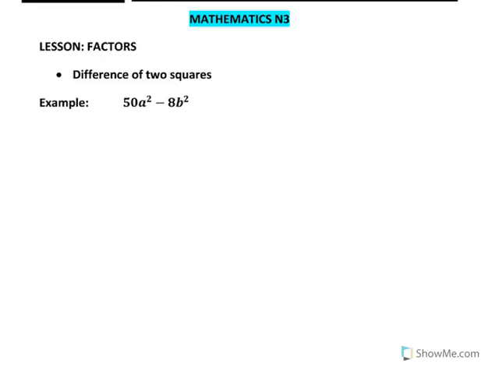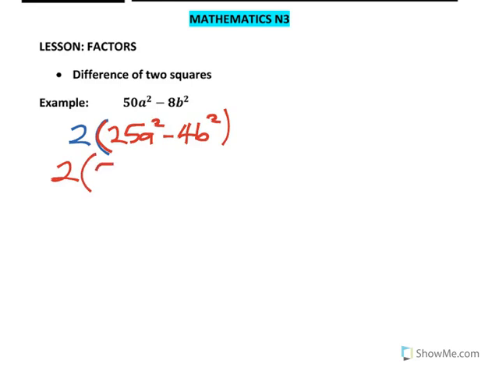Now let us look at this difference of two squares here that is hidden. The hidden part in this difference of two squares is, yes, we have got a squared and minus b squared. But look at it, 50 and 8, there is nothing common, but there is. If you take out a 2, you can start to see now that if you take out a 2, you remain with 25a squared minus 4b squared. Now, what is 25? 25 is 5 squared, a squared.